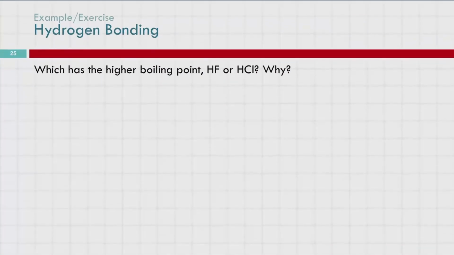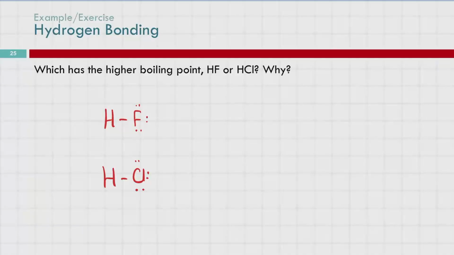Thinking about HF and HCl, which has the higher boiling point and why? So thinking about our 3 forces, our dispersion forces, our dipole-dipole forces, our hydrogen bonding. How are they similar? How are they different? They both have hydrogen. That's true.